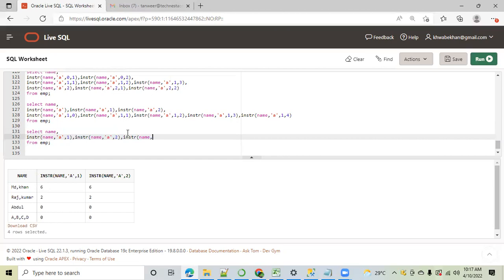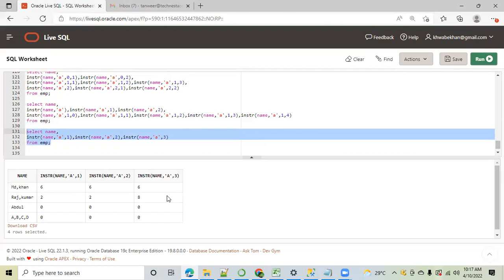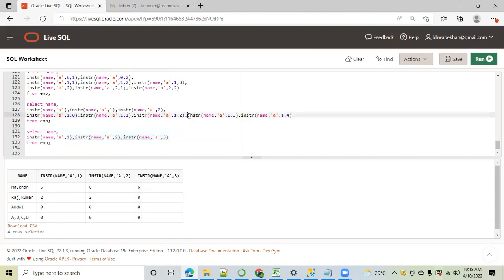Now here starts the confusion. Correct? It is giving 6 here, and this is giving 8 here, and this 8 is 0 and 0. I think this is the point where you are getting confused. Before this, the first and second columns are clear.